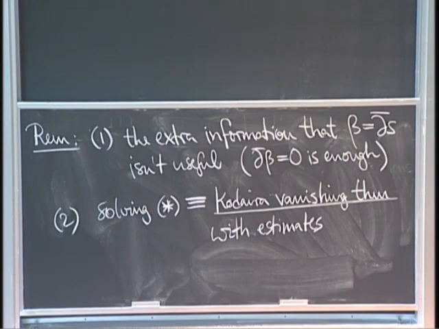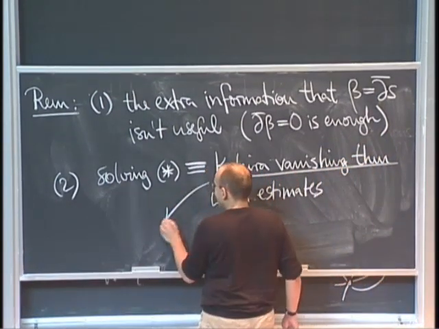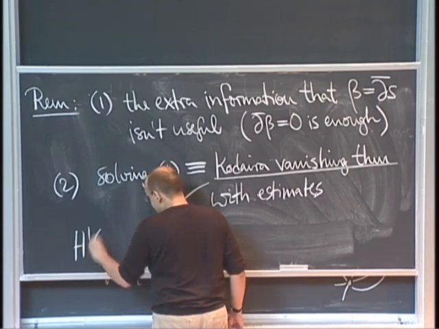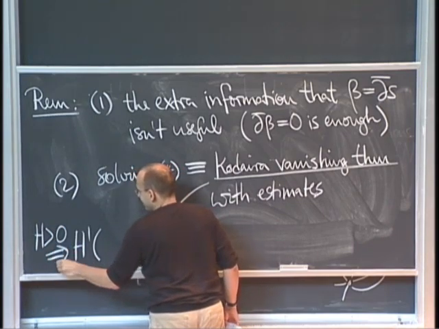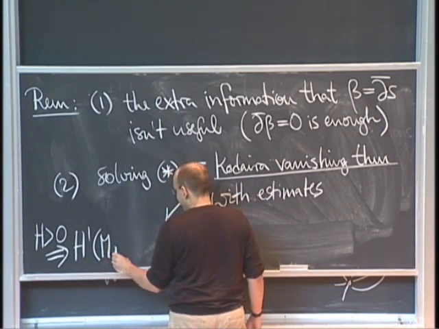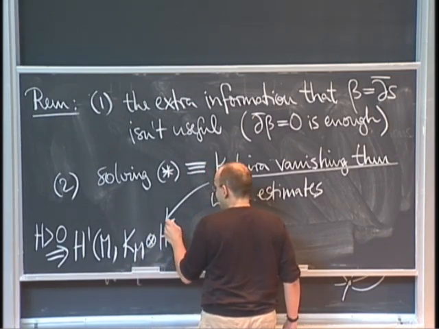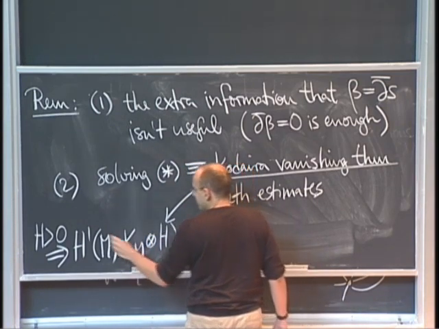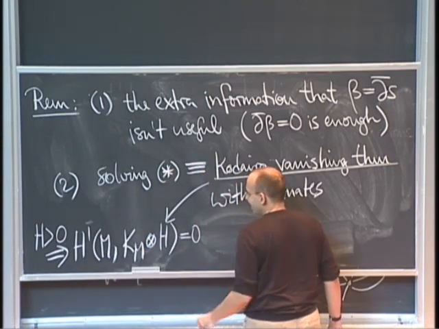Okay, so Kodaira vanishing. For the experts, this is a statement that if H is an ample line bundle on a compact complex manifold, then the cohomology of M with coefficients in K sub M tensor H is 0. So that's actually true for all positive degrees.